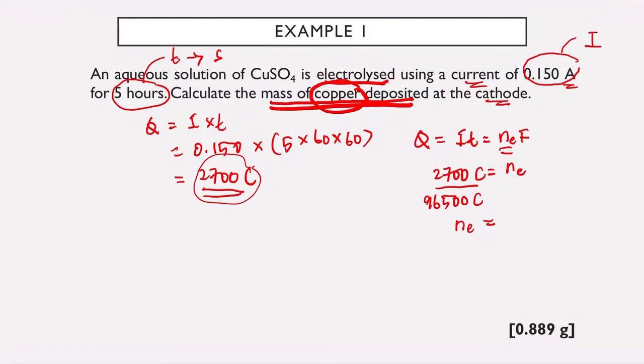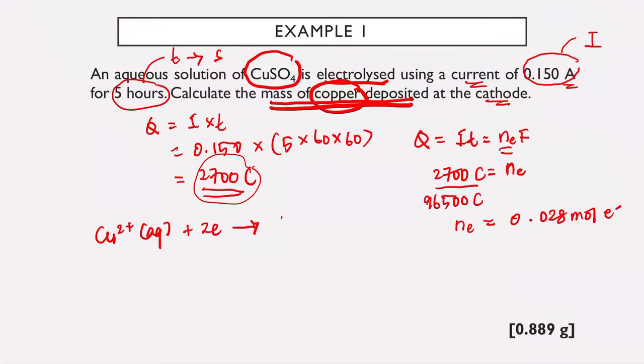This will be the moles. You will get 0.028 moles of electrons passed through during this electrolysis reaction. You know that you are going to discharge copper 2 plus, so copper 2 plus will be reduced to form copper solid.